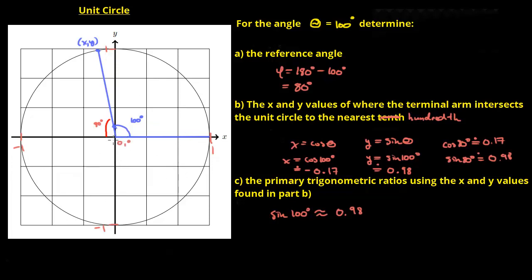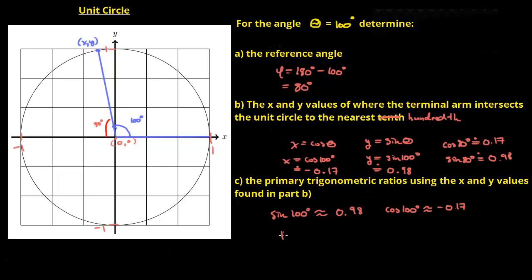So let's just label that as 0, 0. Okay, so sine of 100 is approximately equal to 0.98, and cosine of 100 degrees is approximately equal to this x value that I've calculated, which is negative 0.17.